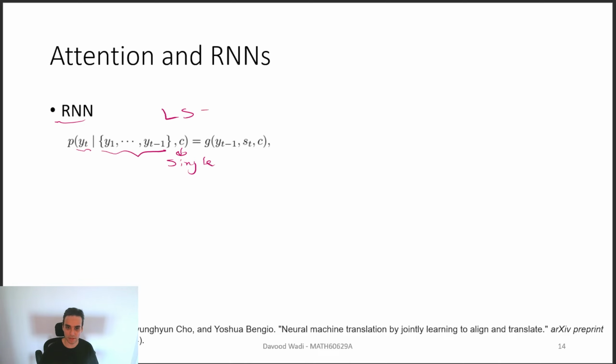That's basically LSTM. We can write this as a function g of the previous word, hidden states, and this single context vector. So that's a traditional RNN.